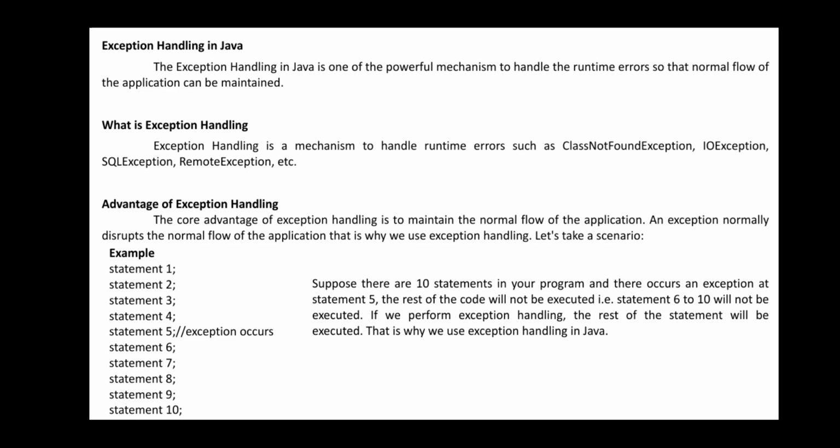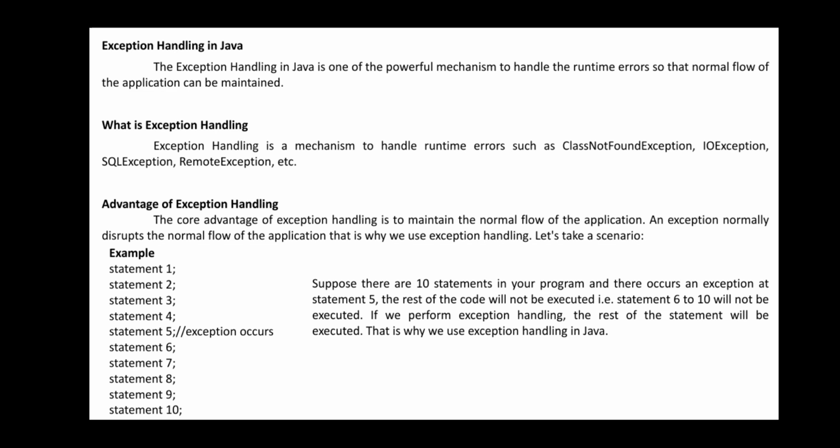From these two statements we can understand that when the program enters into runtime problems, to convert the abnormal way to the normal way, we use exception handling. What is the advantage of exception handling? We shall see. The core advantage of exception handling is to maintain the normal flow of the application. When the program enters the abnormal form, that can be converted to the normal form by defining exception classes.